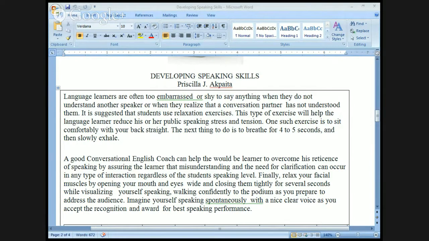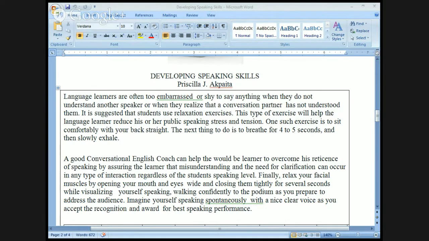A good conversational English coach can help the language learner to overcome his reticence of speaking by assuring the learner that misunderstanding and the need for clarification can occur in any type of interaction regardless of the student's speaking level.